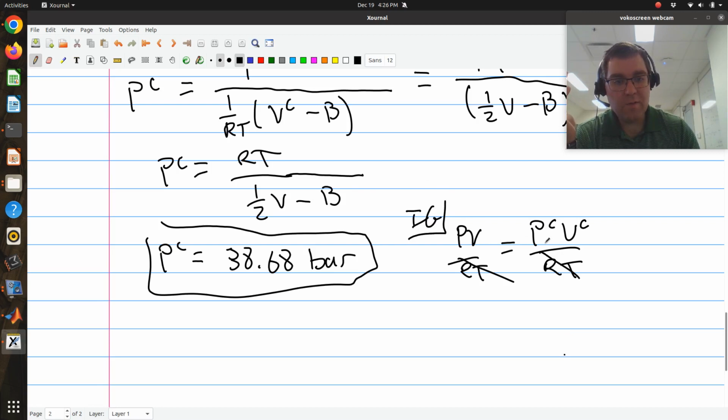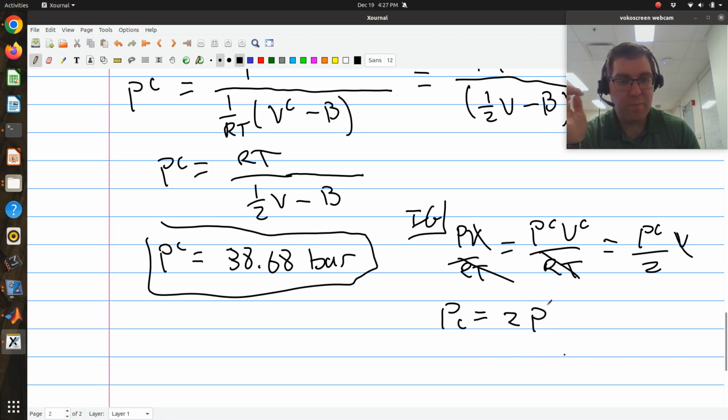Okay, and so if that's the case, well, we showed that VC was equal to 1/2 V. So this would be PC over 2 times V, right? Because VC is 1/2 V. So if that was the case, then PC, okay, then I can cancel V. PC would just be equal to 2 times P, which would be 40 bars. Okay, so for a real system, it's slightly less than double.